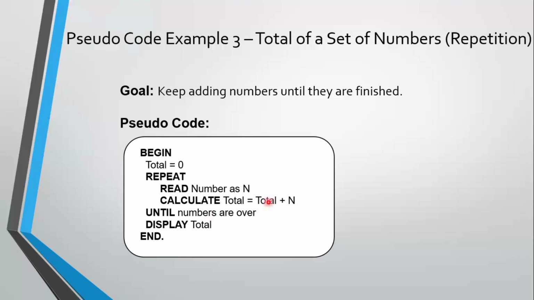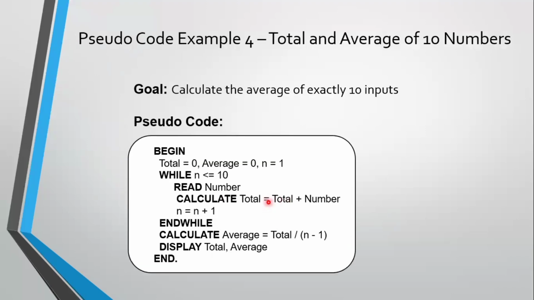Understood? So, let's turn to the next one. In this example, we use a while loop. As you can see, here we use a while loop because we know exactly how many times to repeat: 10 times.